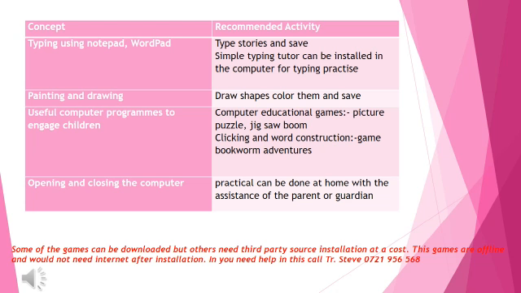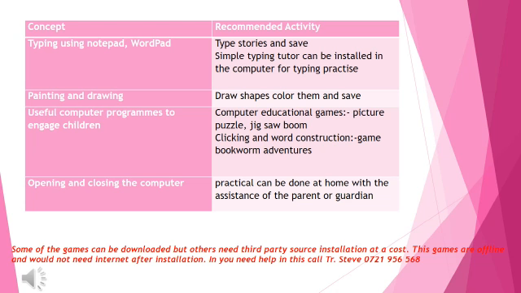There can be programs like a typing tutor, maybe installed in the computer for typing practice, so that our learners can learn how to type. They can try to draw shapes using Paint. They can open Paint and try to draw shapes. They can also try to use the pencil to draw freehand shapes. Other educational games include picture puzzle, jigsaw, and word construction games like Bookworm Adventures.